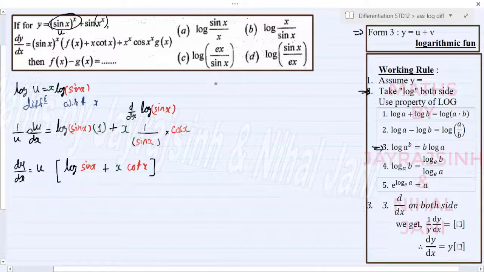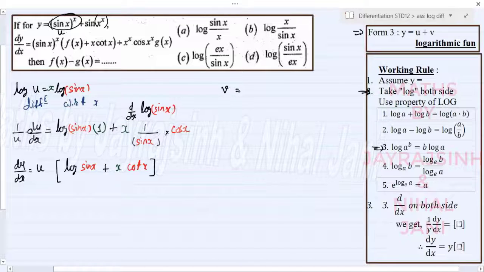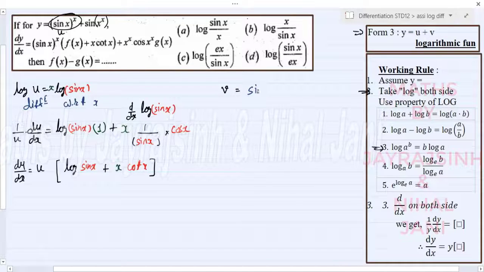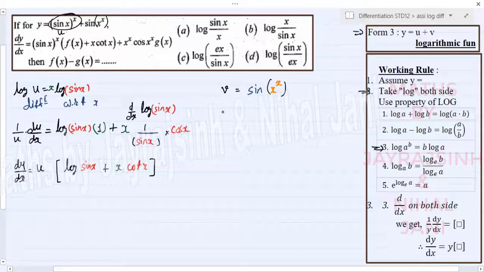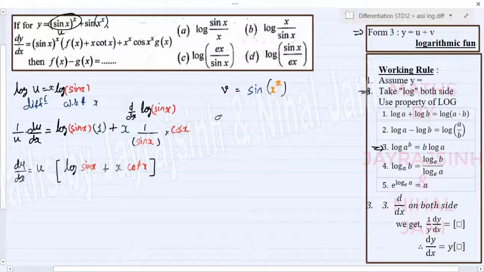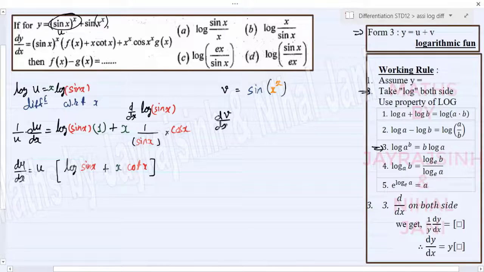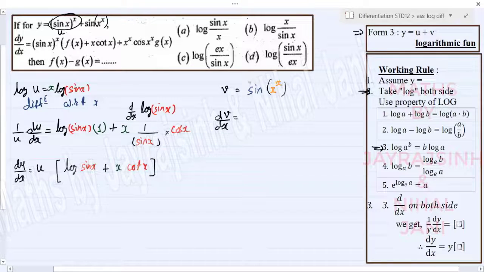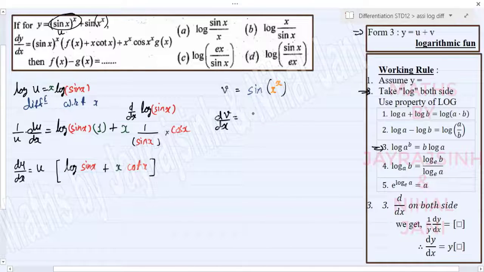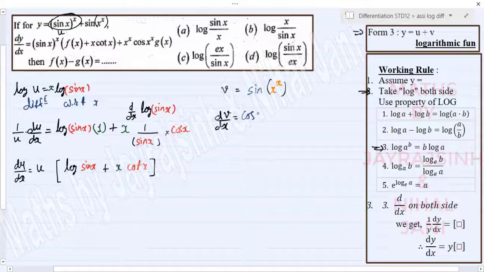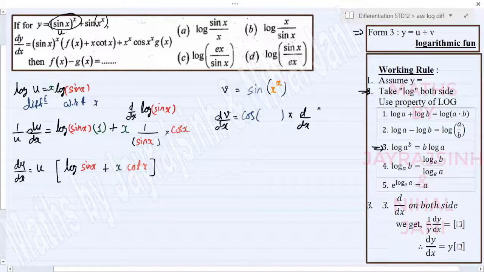Now let's move to our v, which is sin x raised to x. Let's differentiate our equation with respect to x. So here we'll get dv by dx is equal to differentiation of sin box. So differentiation of sin box is simply cos box into d by dx of box.